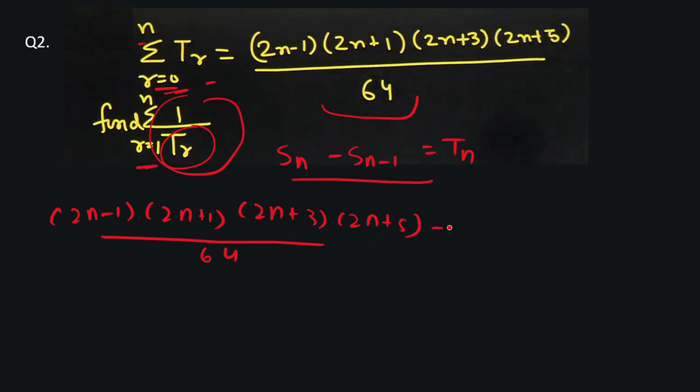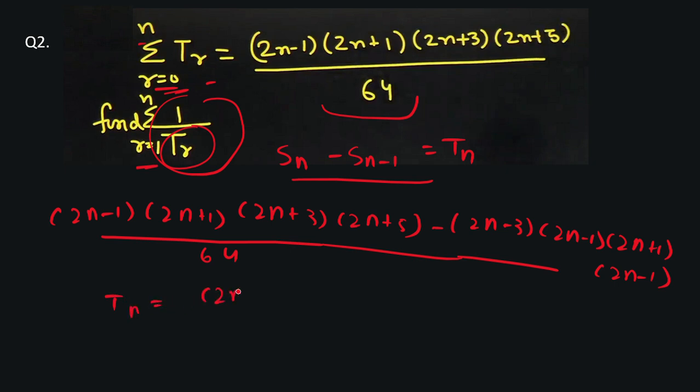minus 2n minus 3, 2n minus 1, 2n plus 1 into 2n minus 1. Now, after solving this, we get tn is equal to 2n minus 1 into 2n plus 1, 2n plus 3 by 8.